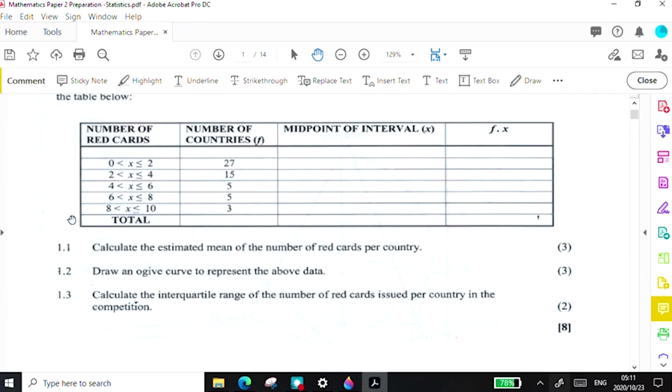For number 1, we are required to estimate the mean of the number of red cards per country.